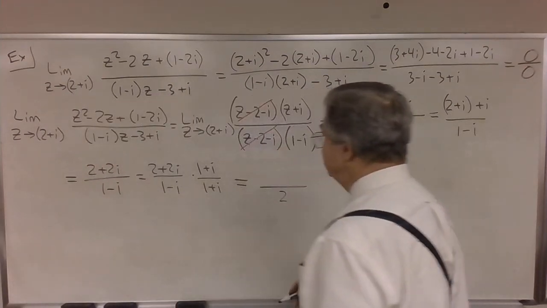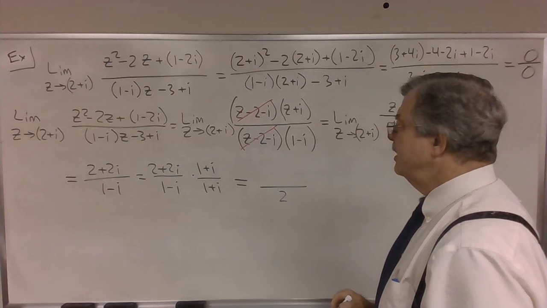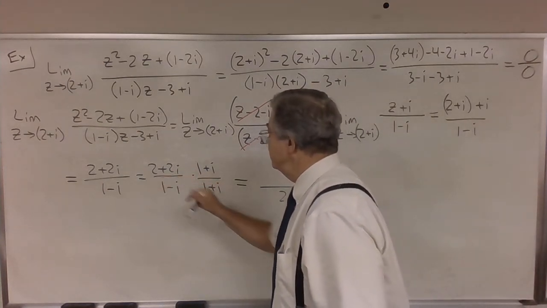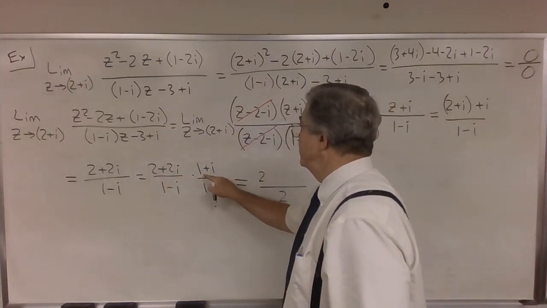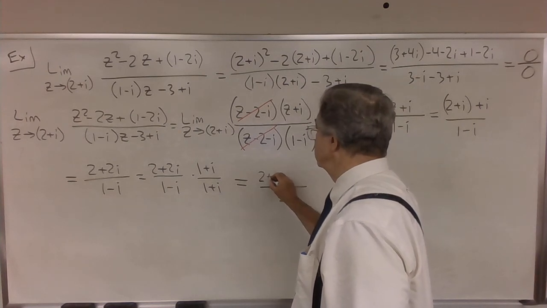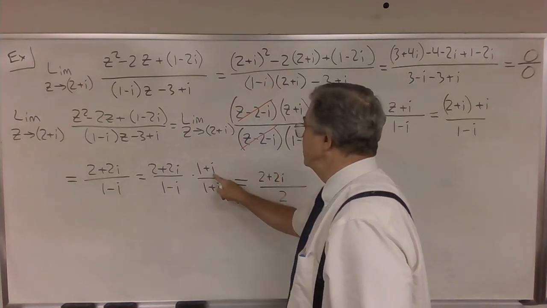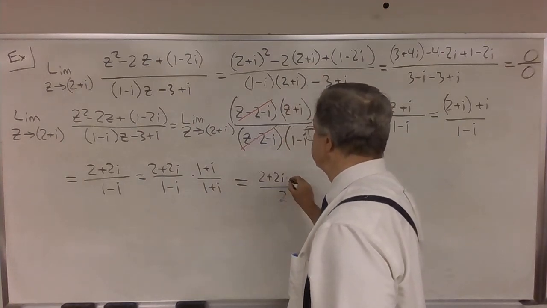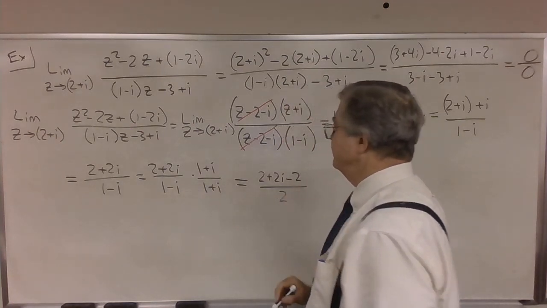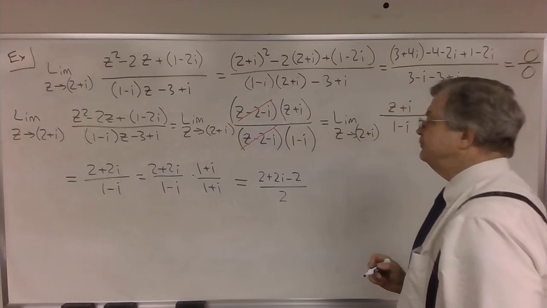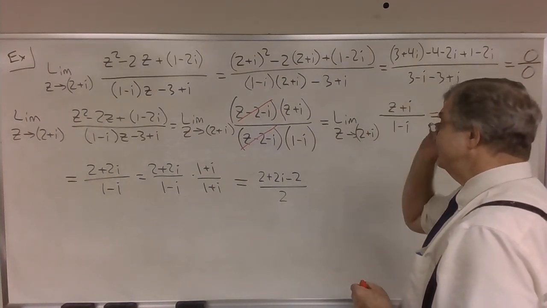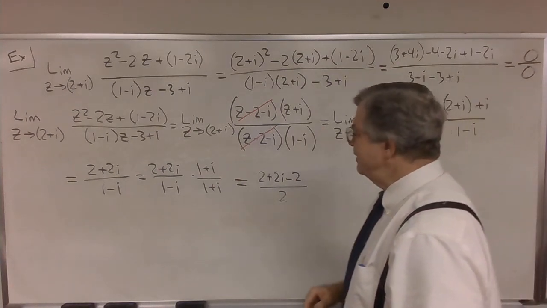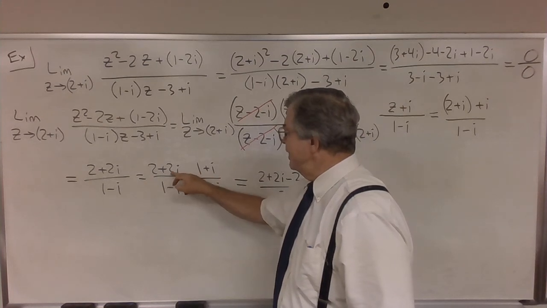And that gives us 2 on the bottom, and on top we get 2 plus 2i minus 2. Let's see, i times i is negative 1, so this is minus 2.